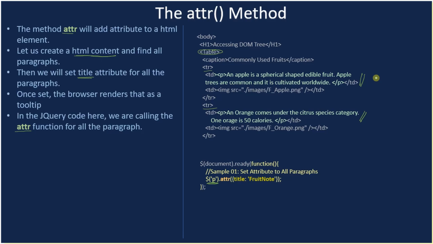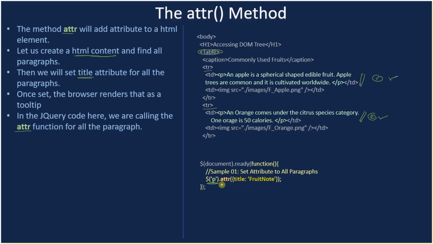Here we have shown just 2 paragraphs. In our original content we will have 4 or 5 paragraphs, which you will see when we go to the demo. Only a sample code snippet is shown here. So $("p") will select these 2 paragraphs.